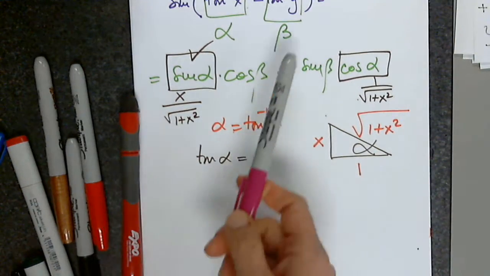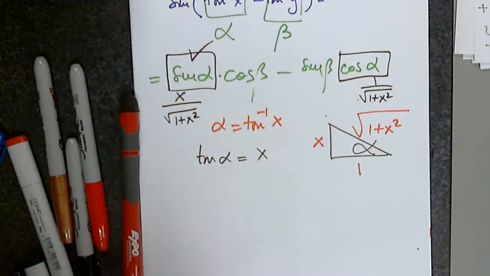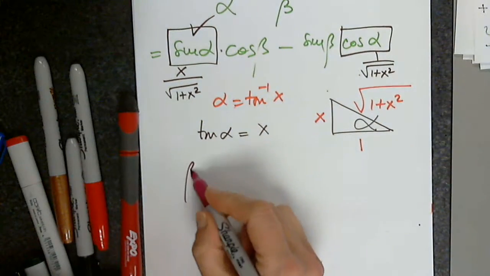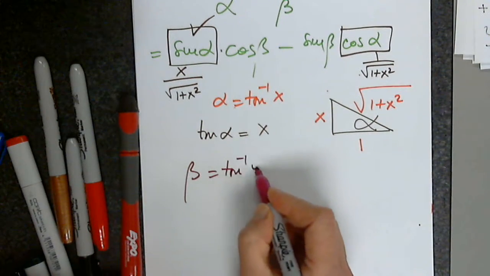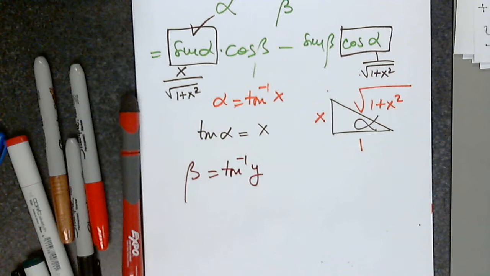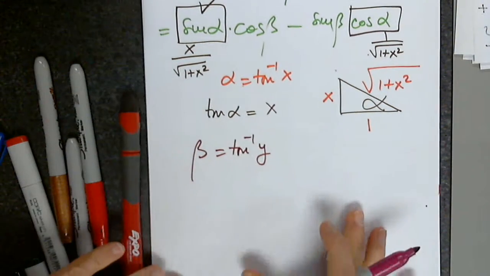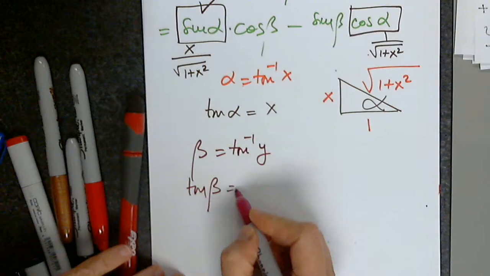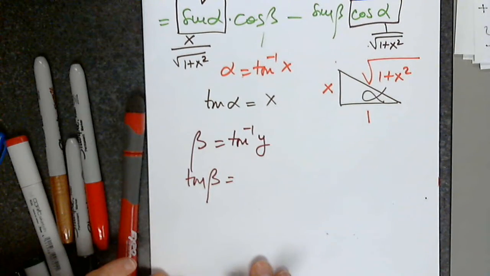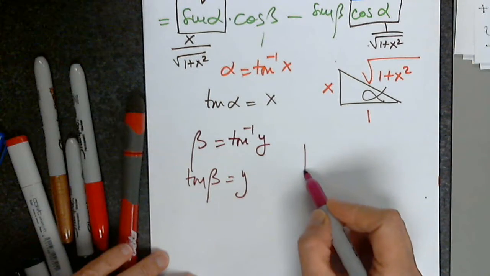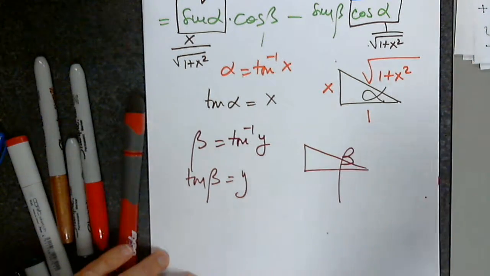So now I have to go back to angle beta. And I know that beta equals tangent inverse y. Okay, now what? What is the only thing I can do here? So then tangent beta will equal? Good. So then I have a right triangle with an acute angle beta.